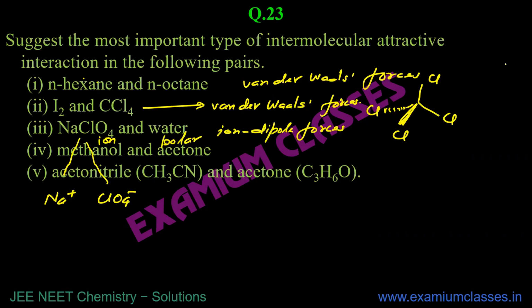Yes, correct answer, good. Then methanol and acetone. Alcohol and ketones when mixed will show hydrogen bonding, but if it is only ketone, hydrogen bonding will not be there. But methanol and acetone will have hydrogen bonding.